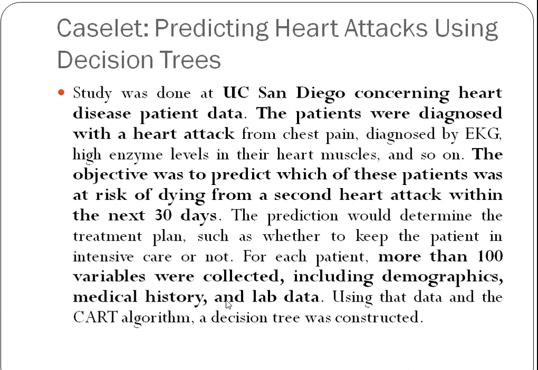The attributes or variables collected were demographic information, medical history, and lab data. Lab data is basically blood work and different kinds of parameters that help assess the patients. This case uses a decision tree, with the CART algorithm.